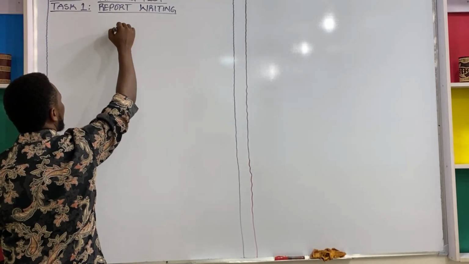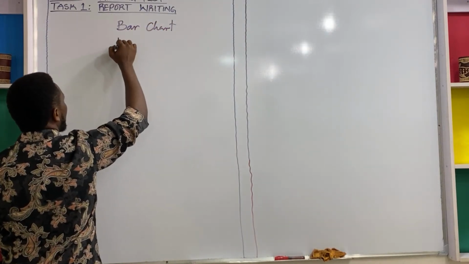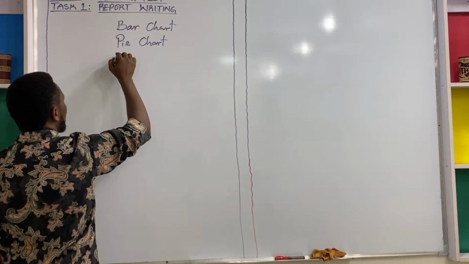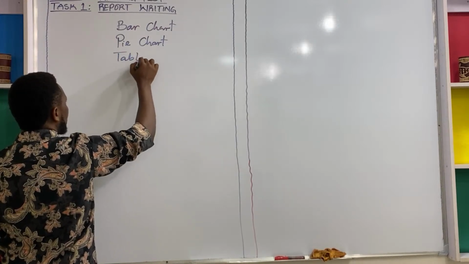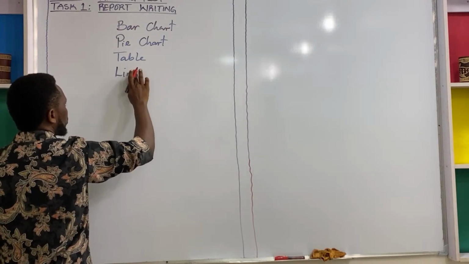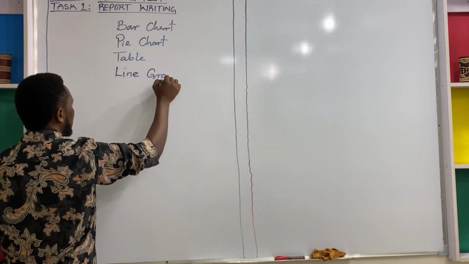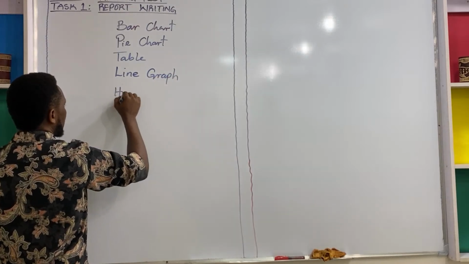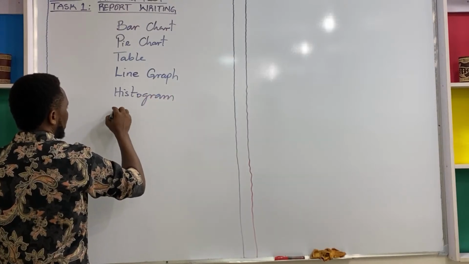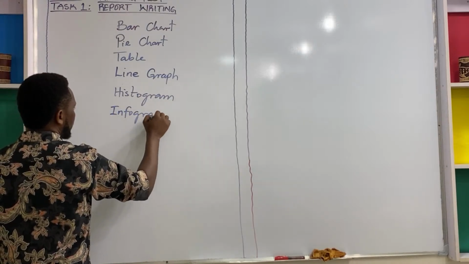It can be a bar chart, a pie chart, a table, a line graph. It could be a histogram. It can be an infographic.